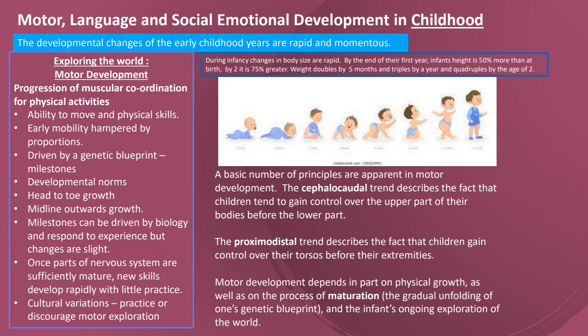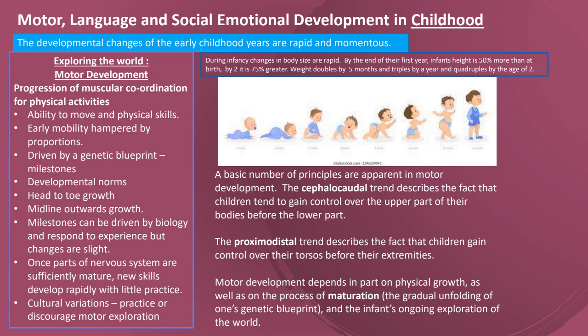And we'll cover it in this next slide, but there's a genetic blueprint really for development. Development happens pretty sequentially in a certain order within certain time frames. So it's almost like there is a blueprint for that. And we have developmental norms where children can fit into that blueprint. Children grow really from head to toe, and they also grow from the midline outwards.